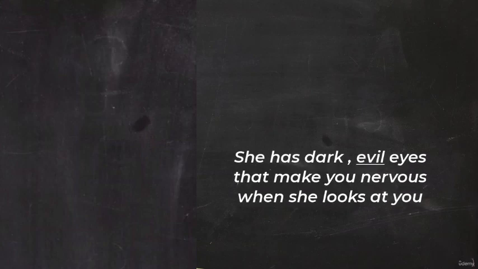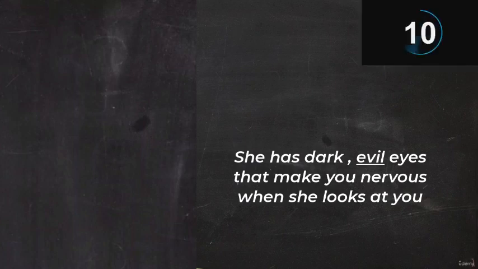Sentence number 1. She has dark, evil eyes that make you nervous when she looks at you. So, what is the main word we can use here instead of the underlined one? Think for 10 seconds.